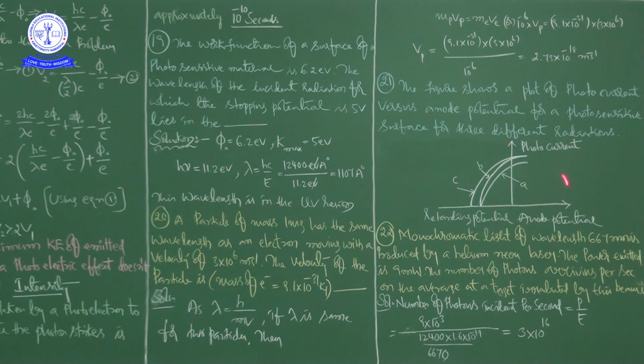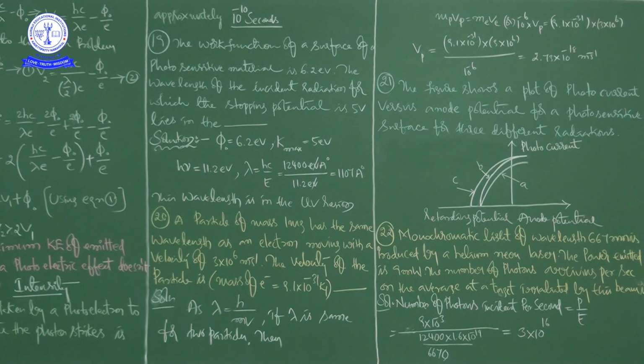So by seeing this graph and these 3 different radiations A, B and C, you can say that the curves A and B represent incident radiations of same frequency but of different intensities. Okay, right.